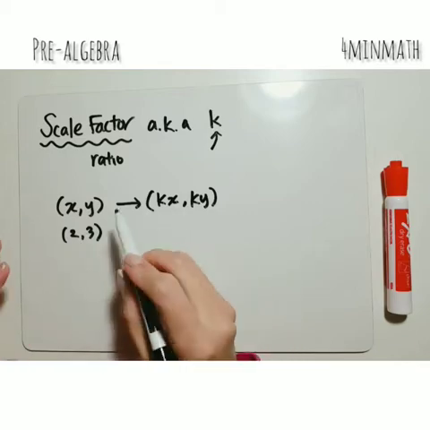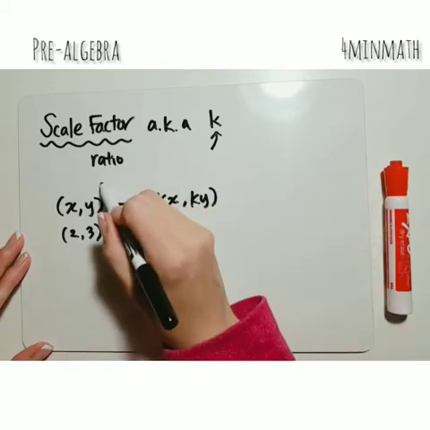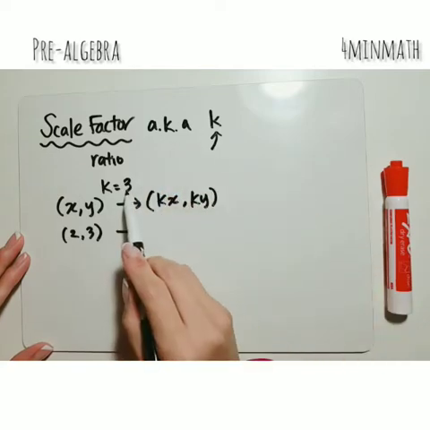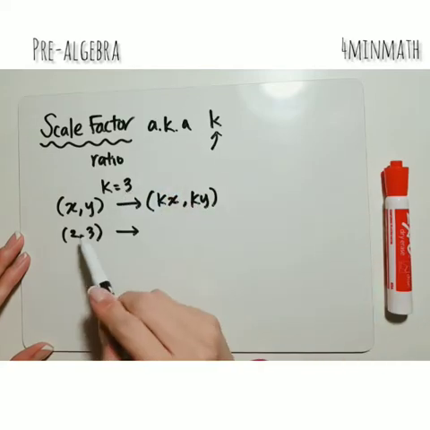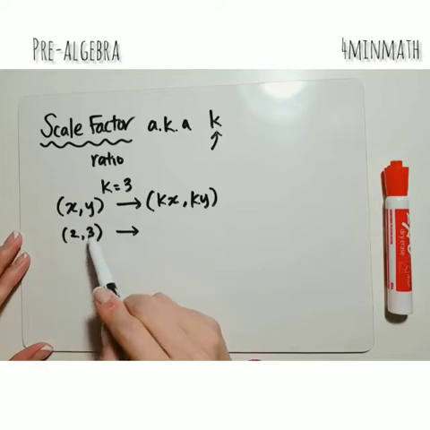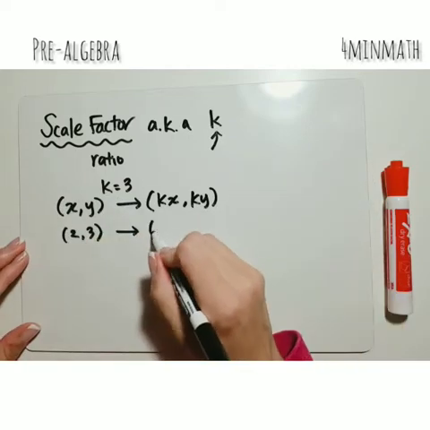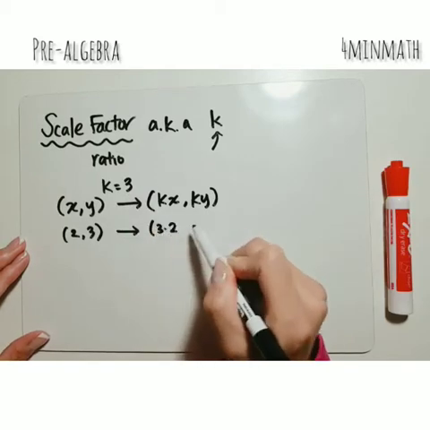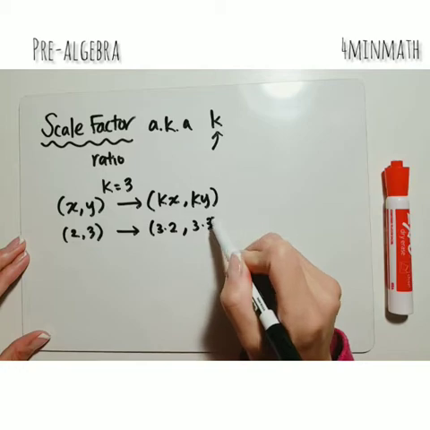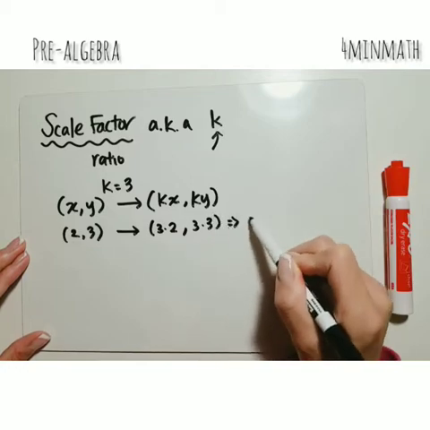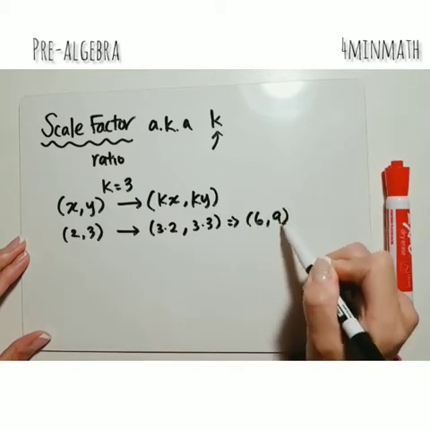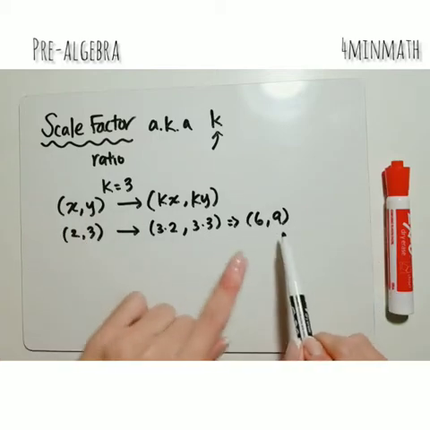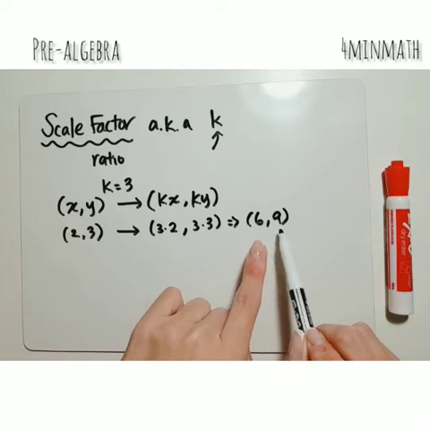So in a numeric example, if k is 3, or scale factor is 3, then I would multiply all my coordinates by 3. So 3 times 2, comma, 3 times 3, which is going to be 6, 9. So my original 2, 3 became 6, 9 in the image.